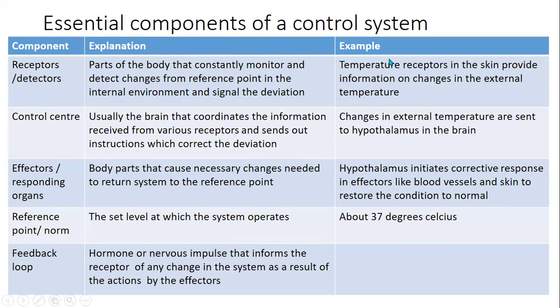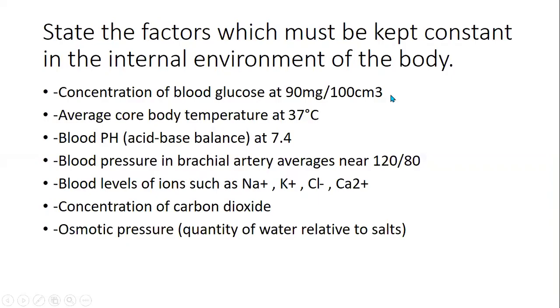Now, there's another thing that we need to concern ourselves with. Maybe I could hide it temporarily. For every homeostatic system, there are certain components that it must have for it to function effectively and efficiently.